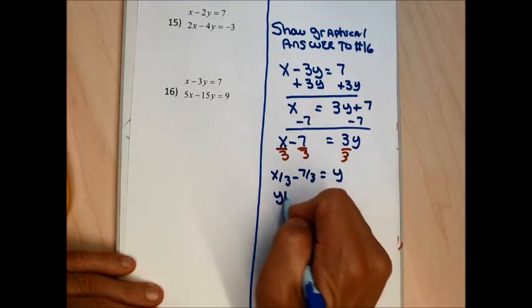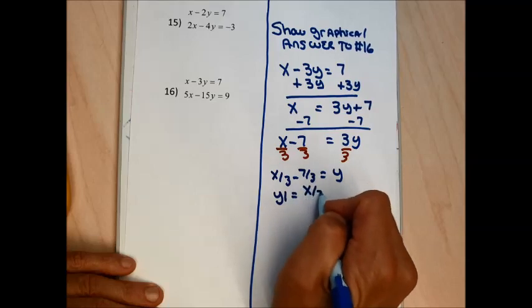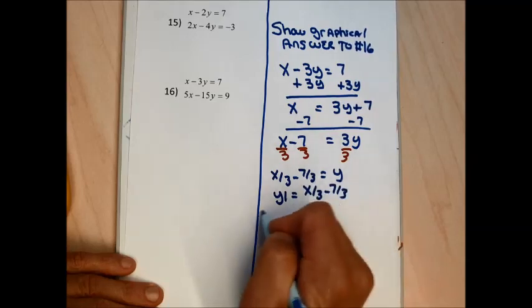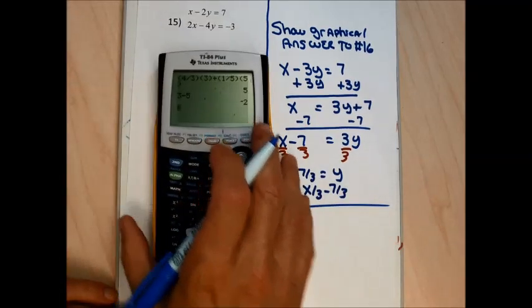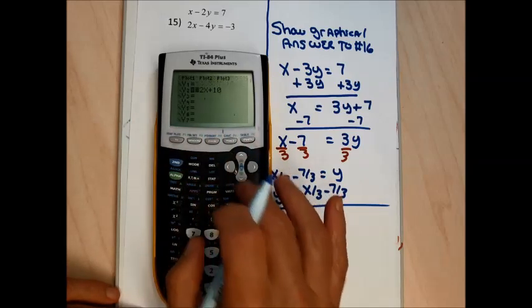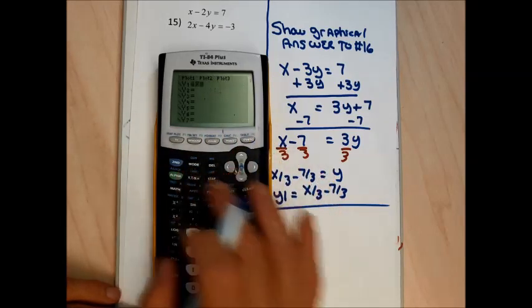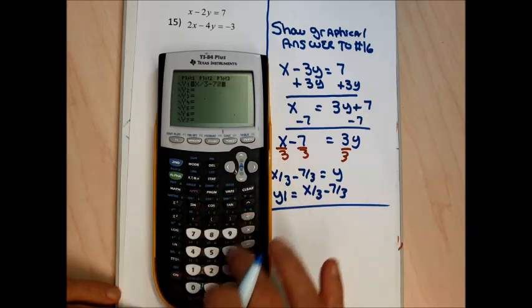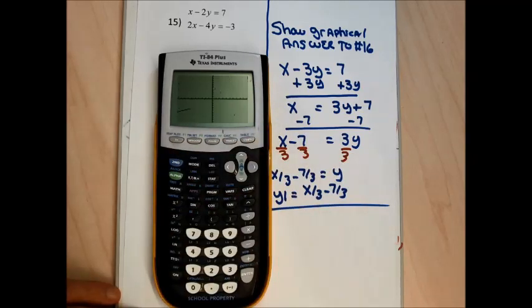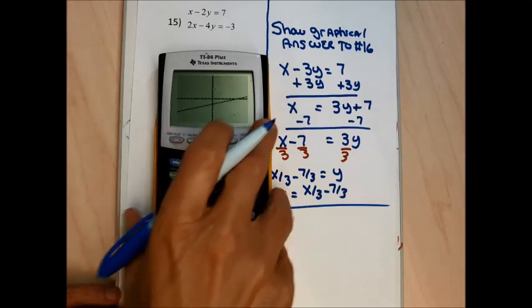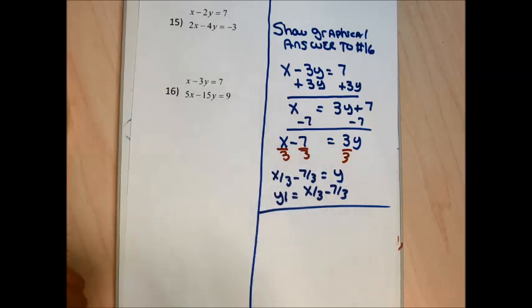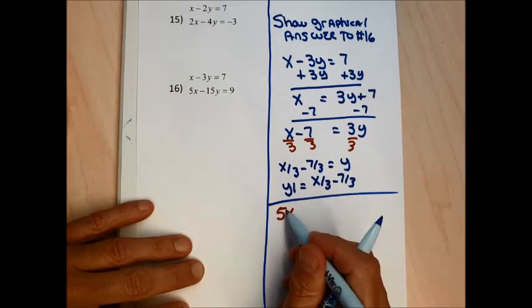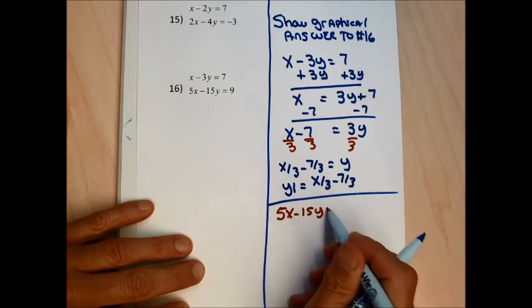And in y1, I'm going to enter x over 3 minus 7 over 3 and graph it. Let me just get that done real quickly. So in y1, clear out the stuff that I put in. Go x divided by 3 minus 7 divided by 3. Graphs to be that. And do the same for the next line and try to find where the lines intersect. So the next line is 5x minus 15y equals 9.